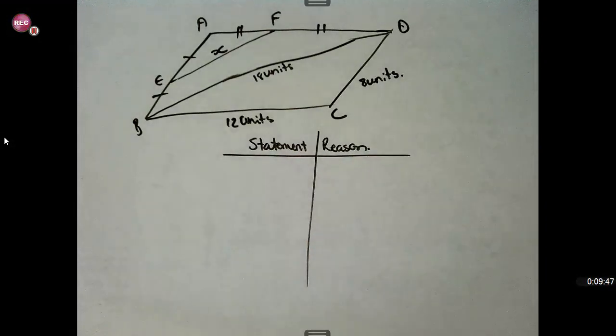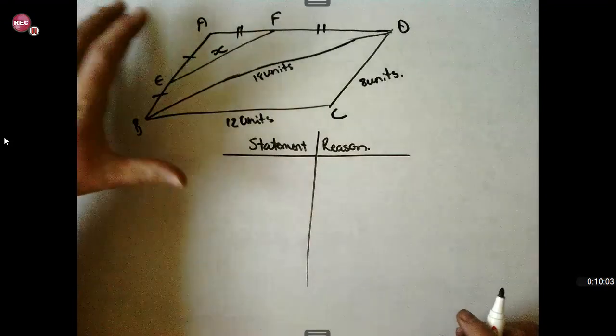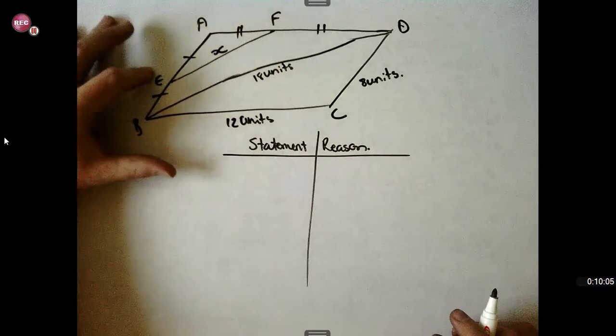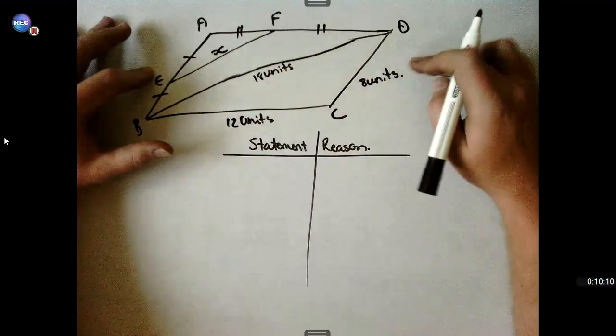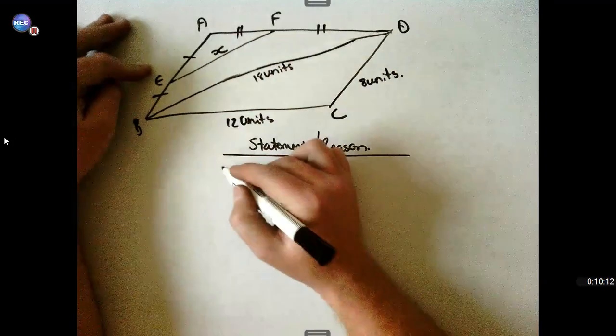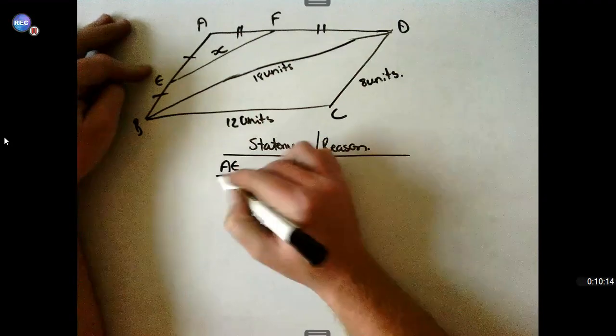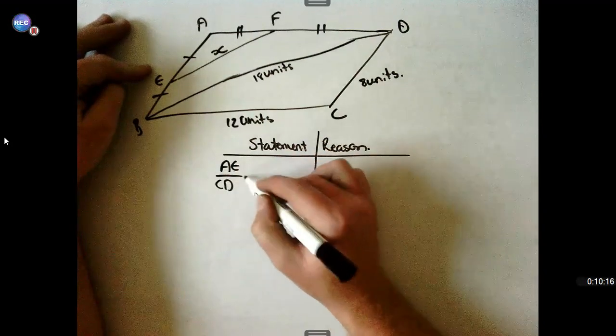Okay, after you sorted out your statement reason, first thing we need to look at is which sides correspond with one another. The first side that I would say corresponds is AE and CD, because they're opposite of one another, they would correspond. So AE over CD equals.